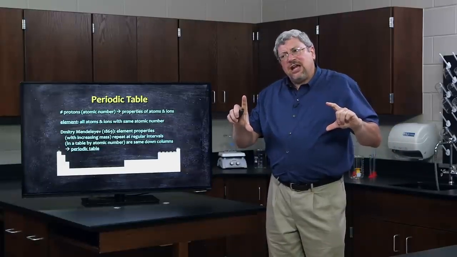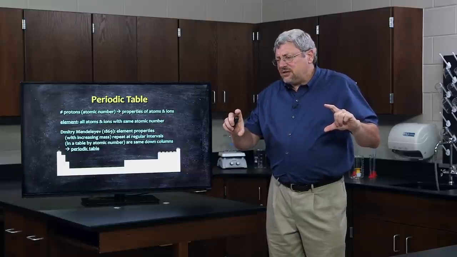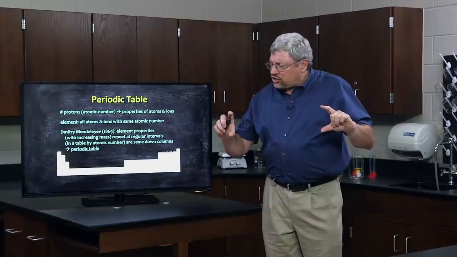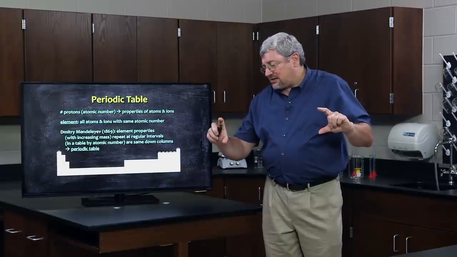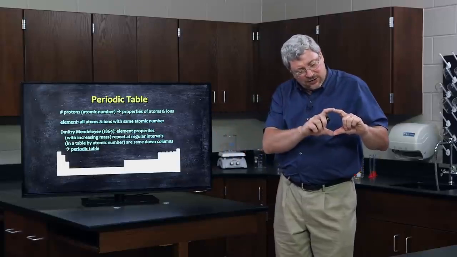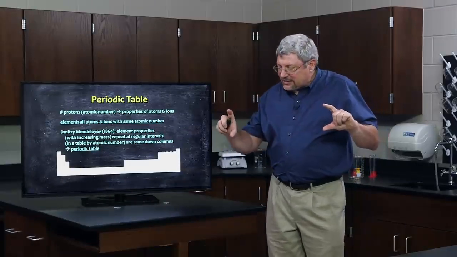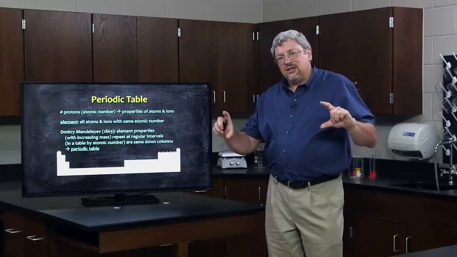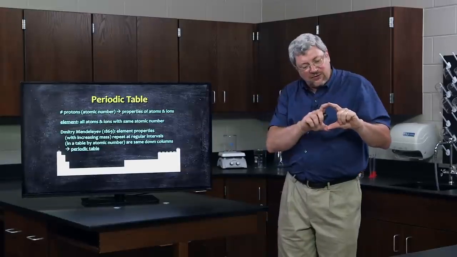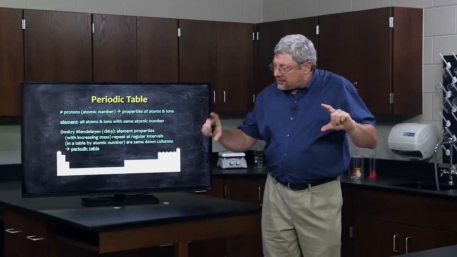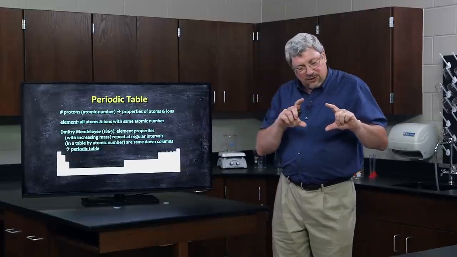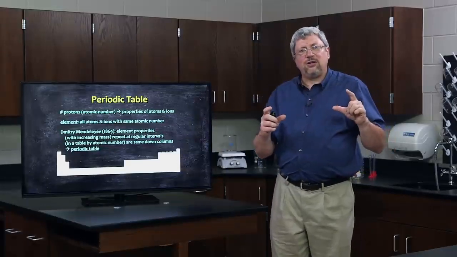And then every 8th element, the element changed back to, or had the same properties as, the first element. So the 9th element in a series had the same properties as the first, and the 10th element had the same properties as the second. Very curious.